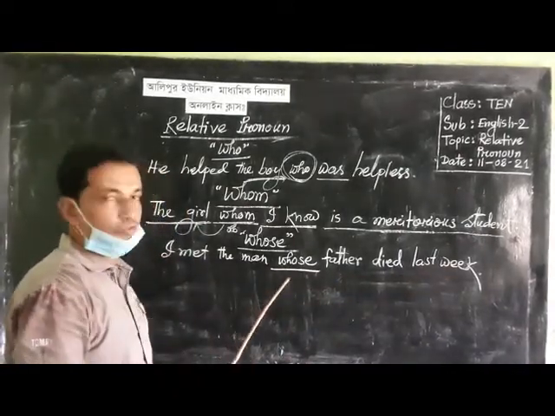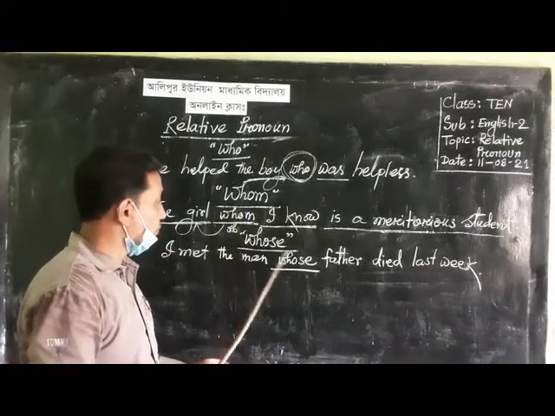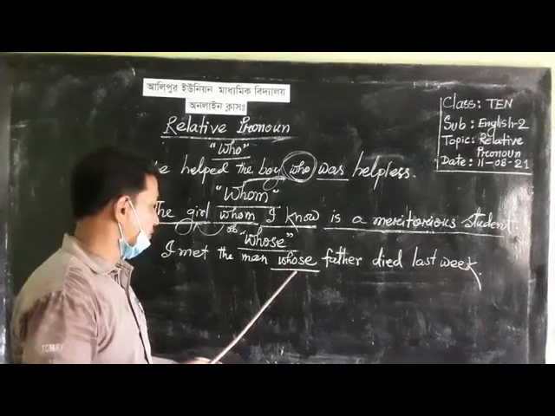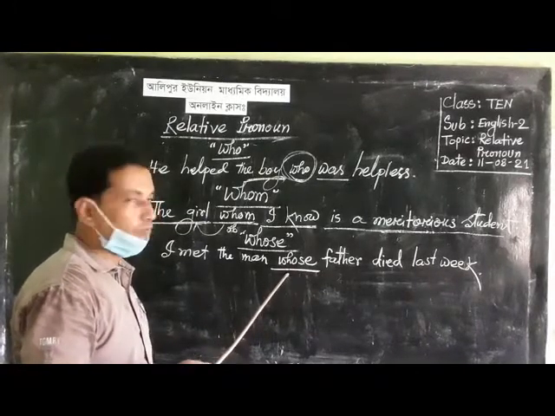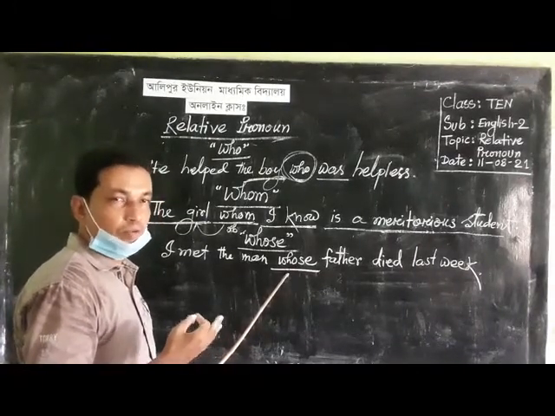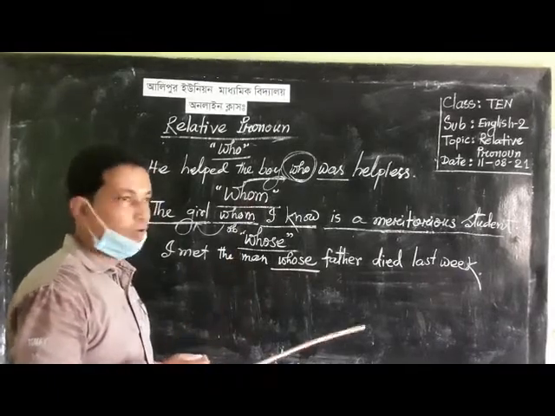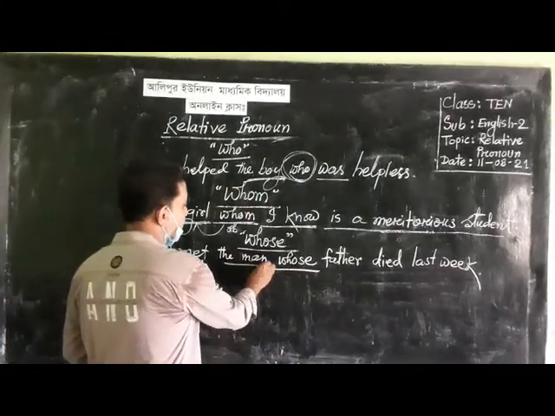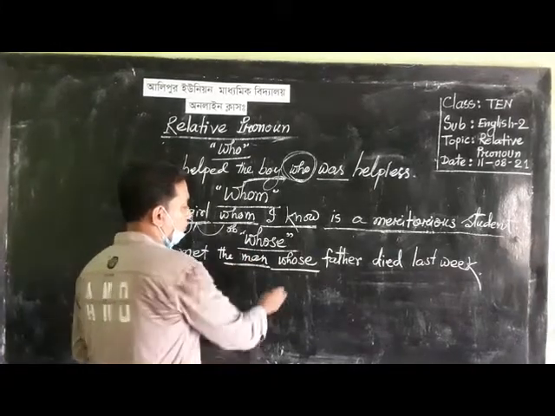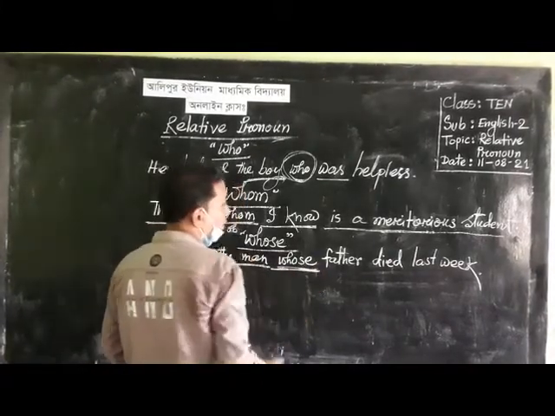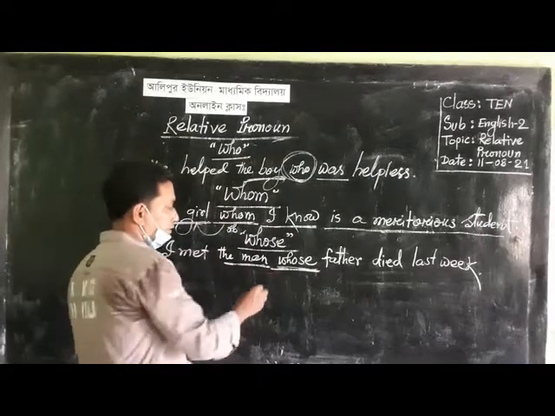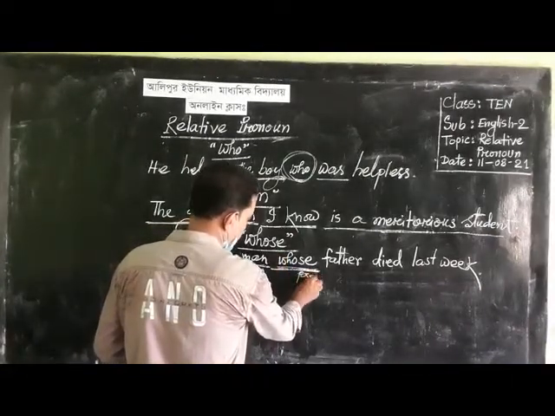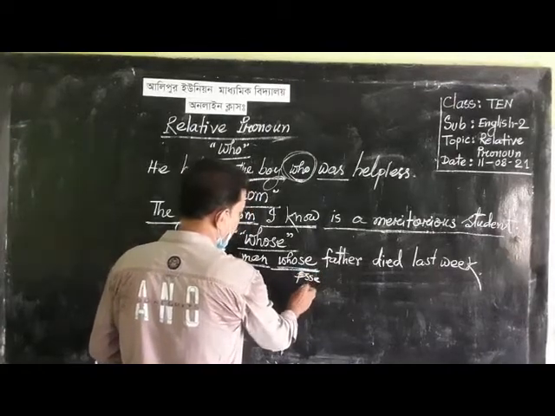Whose father: whose here is a possessive relative pronoun, and it indicates the man is the antecedent. Whose is used as a possessive.